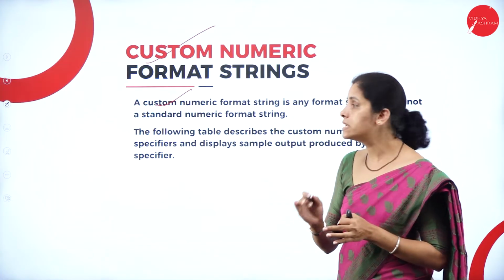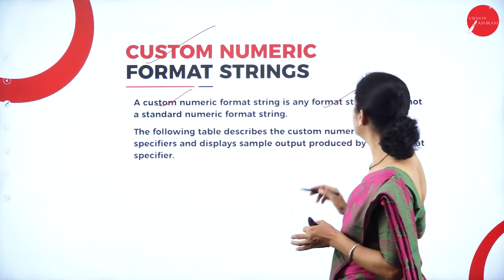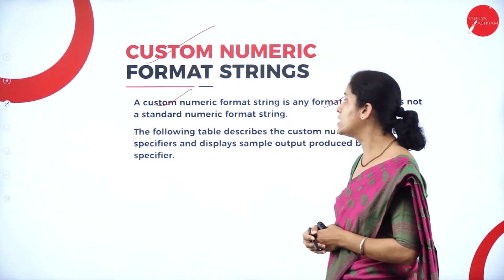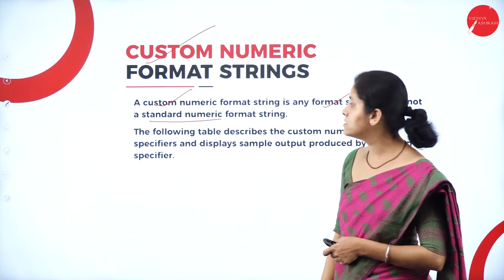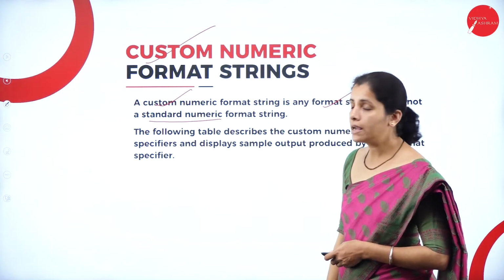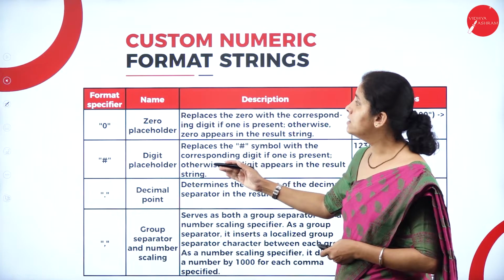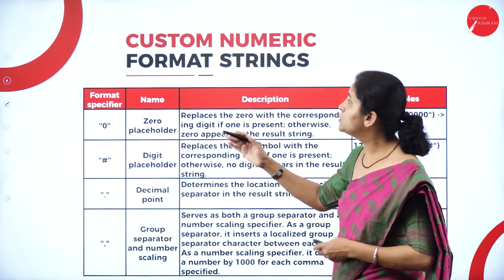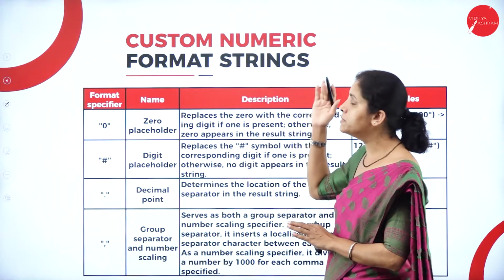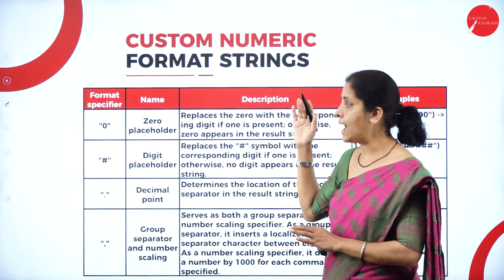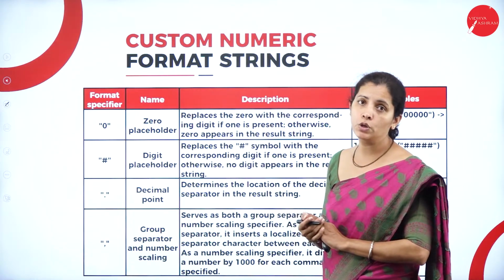Okay, it is always in any format string, and it is not in the form of a standard numeric format string. And this table is mainly used to represent what are the different kinds of custom numeric format strings I have and how I am going to use them.